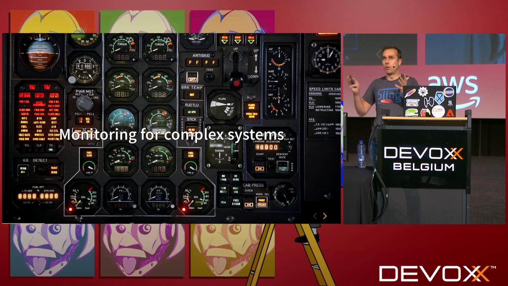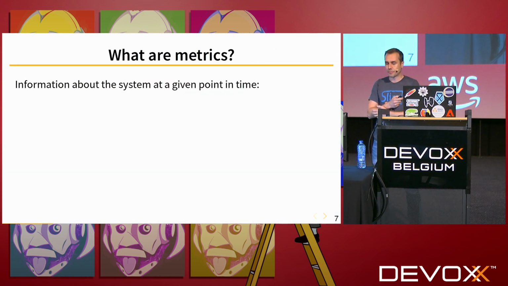And this is where monitoring comes into play. By generating useful, actionable and easy to understand dashboards, you can help everyone that is going to work on your application one way or another.